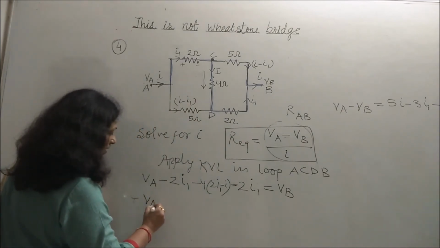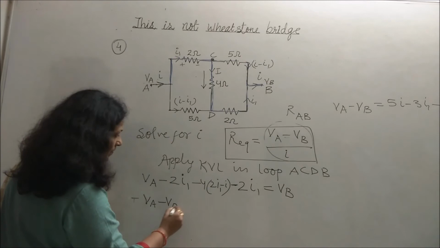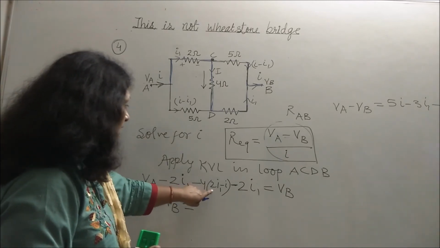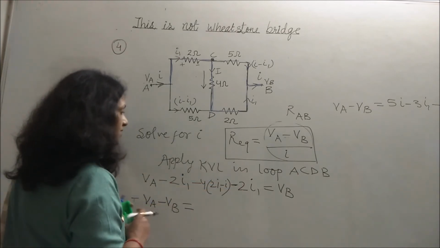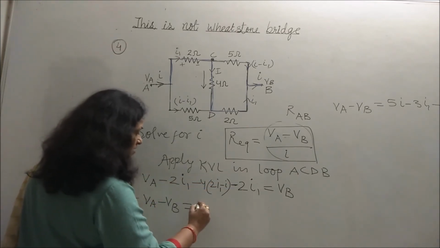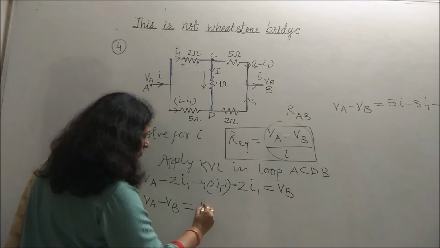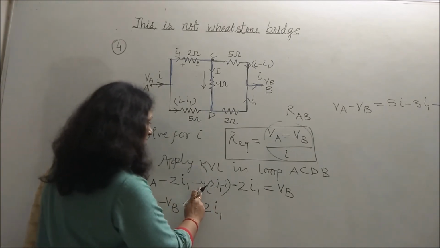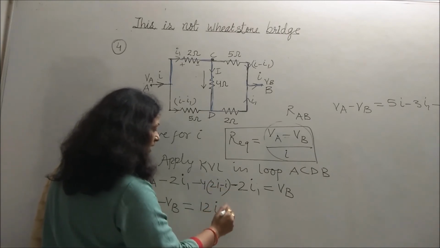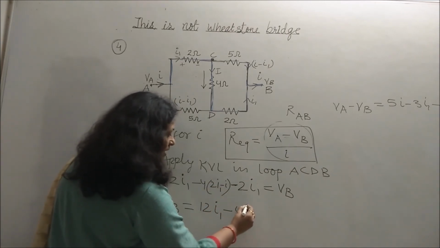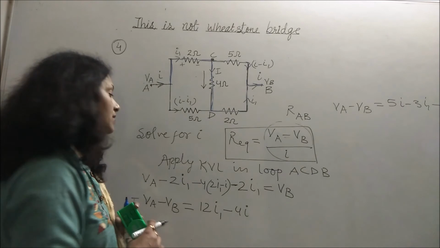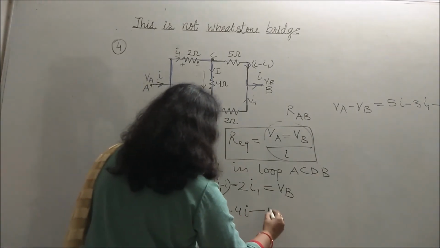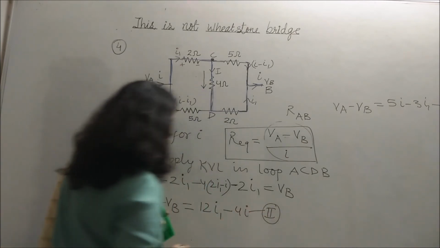Write down VA minus VB is equal to, how many I1s are here? 2, 8 and 2, that is 12 I1 on the right hand side. And how many I's are here? Minus 4I if we take them on the right hand side. So this is our equation number 2.